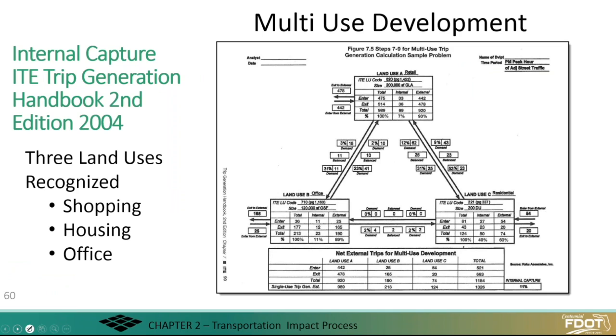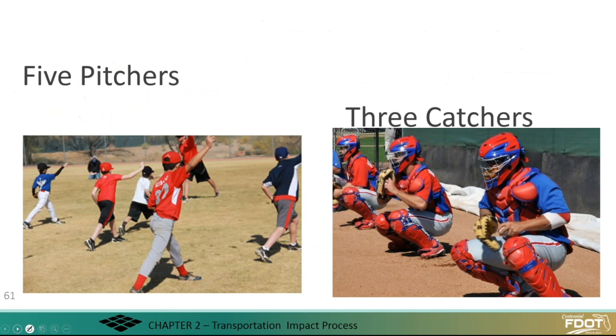This is from the old ITE Trip Generation Handbook, 2nd edition, 2004. At that time, they only recognized 3 switchable, interchangeable land uses: shopping, housing, and office. And this is an example from that older handbook.